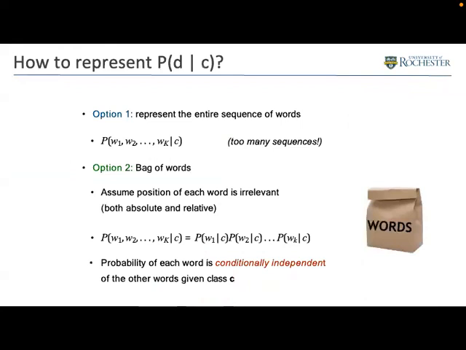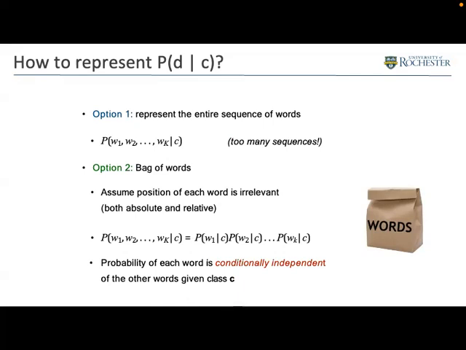There are two options. One is we represent the entire document as a sequence of words, P(W1, W2, ..., WK | C). But there are a lot of sequences, and in this case we do not know whether the words have time-series information, whether the current word actually depends on the previous word. So this is pretty hard to represent.